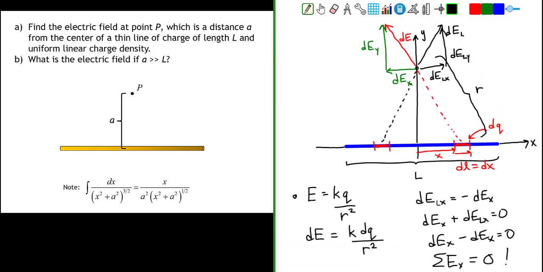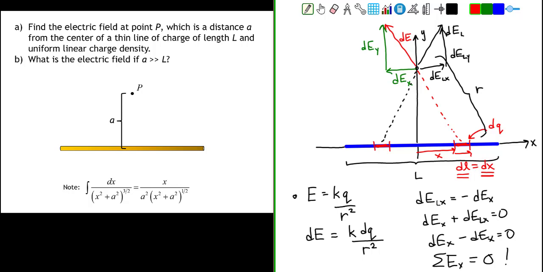Our charge element dq, remember, has a length of dl, which that infinitesimally small length is equal to dx because we are along the x-axis.